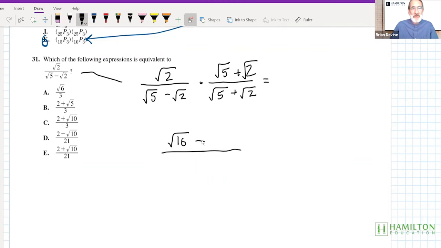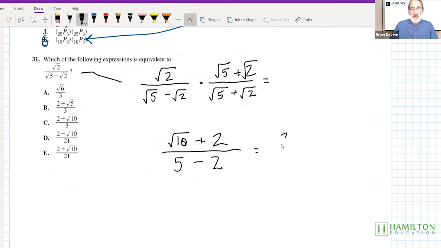And then root 2 times root 2 is going to be 2. And on the bottom, I'll get the square of the first term minus the square of the second term, because I forced it to be a difference of 2 squares.